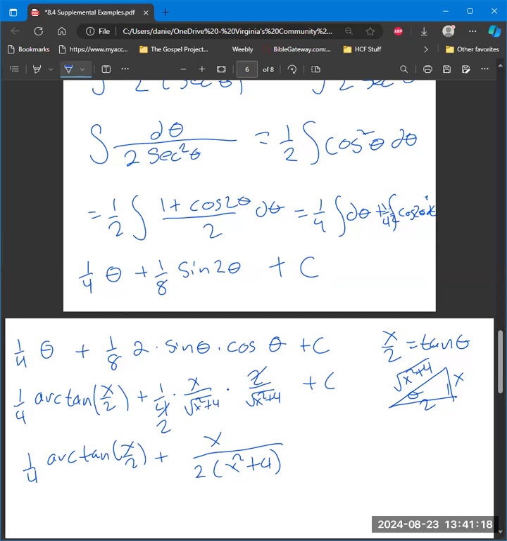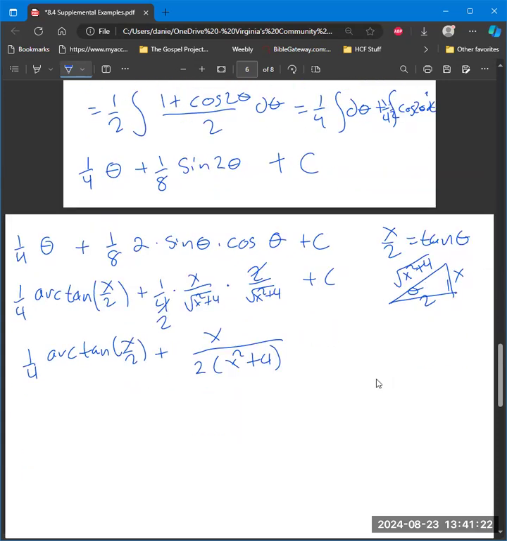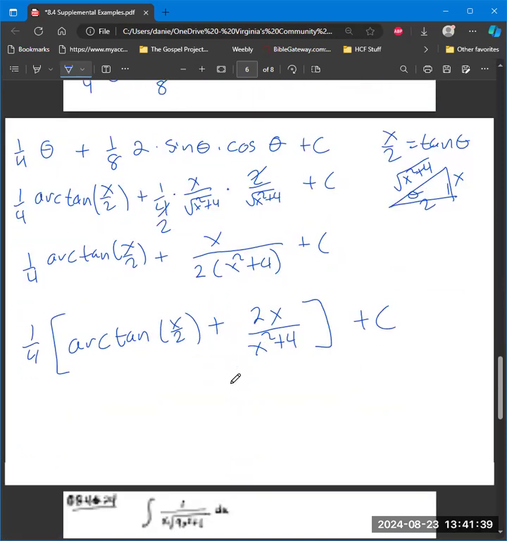And I'm going to pull a 1/4 out of everything here and make this arctangent of x over 2 plus 2x over x squared plus 4 plus c. I'm going to leave it like that for my final answer.